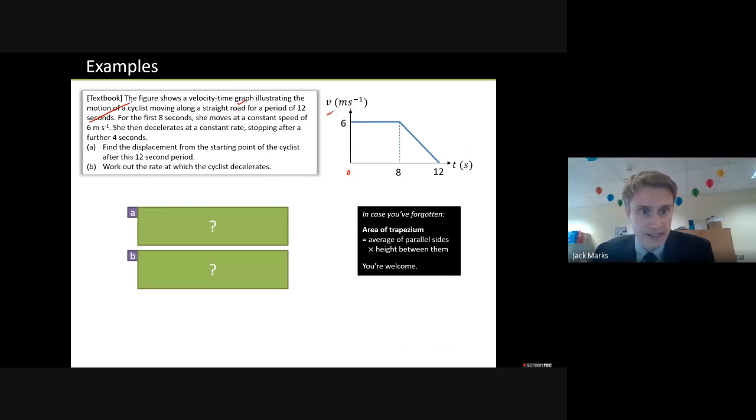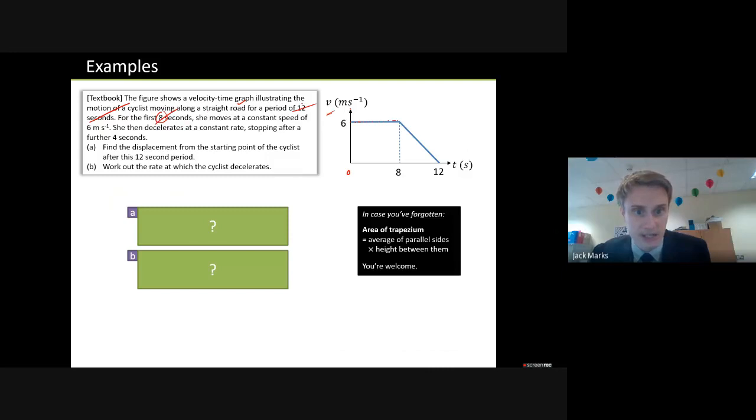Tip for you in mechanics: if you've used all of the information and you've checked it's all labeled, you can actually cross it off, so you know you don't need to come back to it. For the first 8 seconds, she moves at a constant speed. So 6, 6, 6, and so on. Notice how they use the word speed there instead of velocity. Here they are the same thing, because we're going in one direction by the look of it.